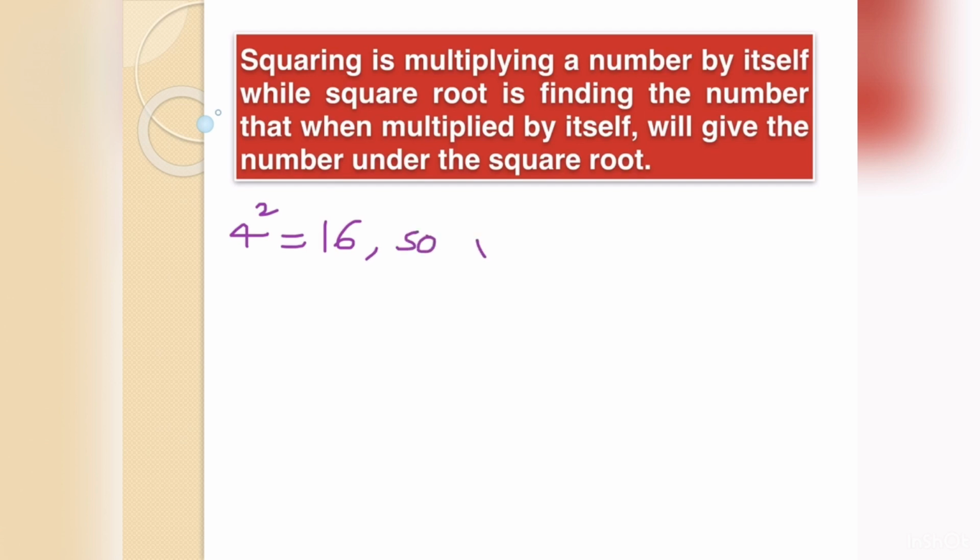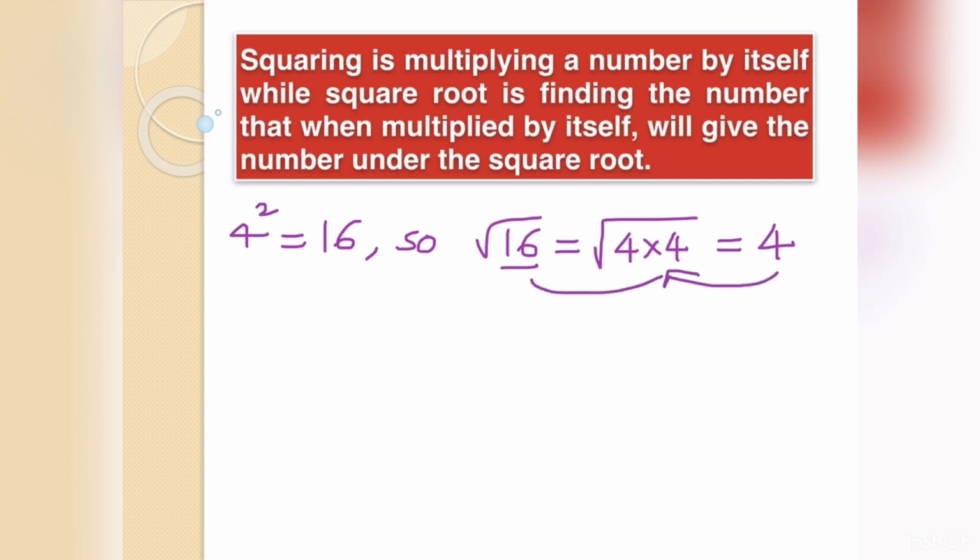So, square root of 16 is equal to, now we need to find that number which when multiplied by itself will give the radicand 16. So, we can write 16 as 4 times 4. So, the square root of 16 is 4. Now 4 is that number when multiplied by itself gives the radicand 16.